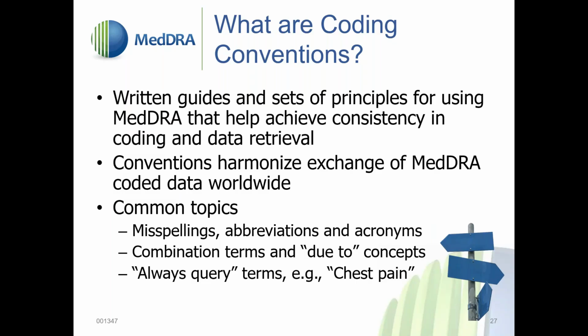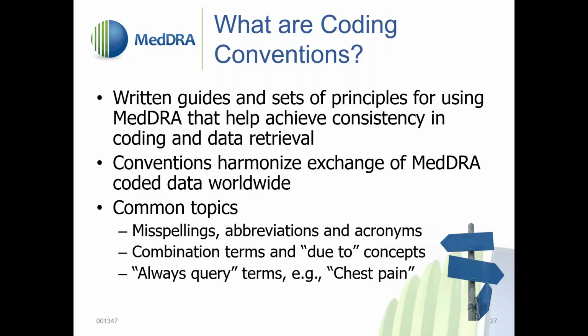They may address topics like handling of misspellings, abbreviations, or acronyms. Another area you may want to cover are combination terms and, due to combinations of medical concepts, how to handle those. There may also be terms that you would always like to query, for example, chest pain, to find out whether it is of cardiac origin or caused by other non-cardiac events, like, for example, pulmonary embolism.